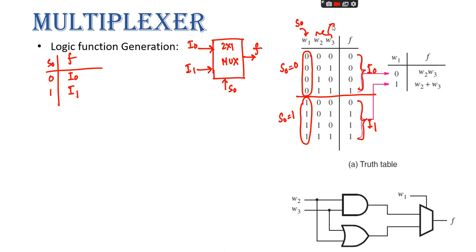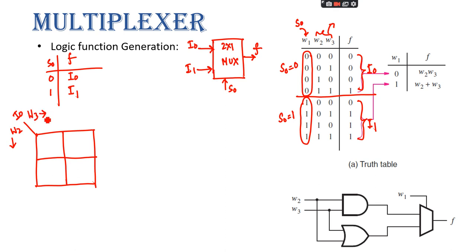2. Since we have 2, we can do the K-map, right? Yes, sir. So if we try to do the K-map for I0, what will be my input? W2 along this direction and W3 along this direction, 0, 1, 0, 1. Now where should I put 1?